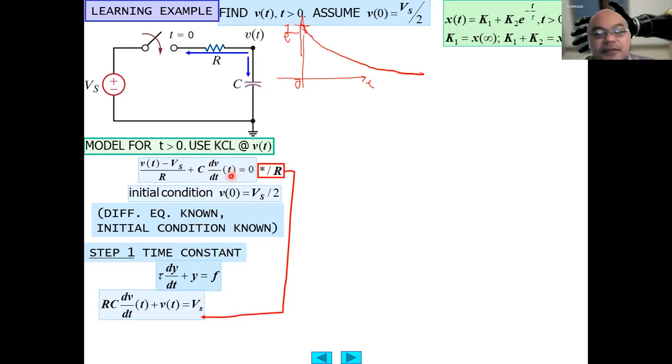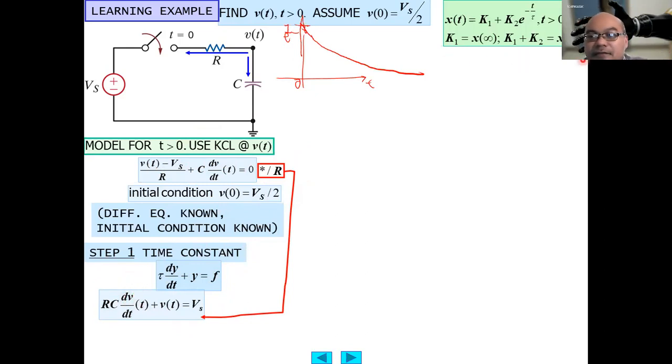Each term is multiplied by R, so this becomes Vt minus Vs plus RC dv/dt. Okay, RC dv/dt plus Vt, and Vs we move to the right-hand side of the equation. Now this form resembles the standard form, so from here we know immediately that tau equals RC.